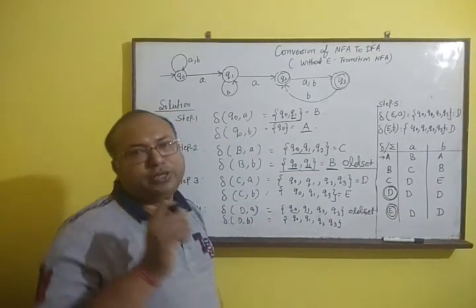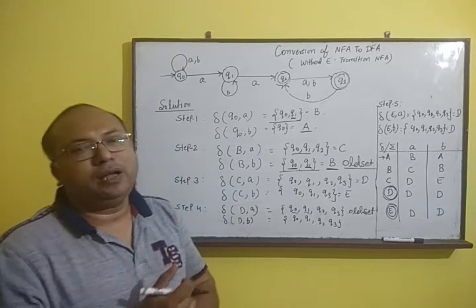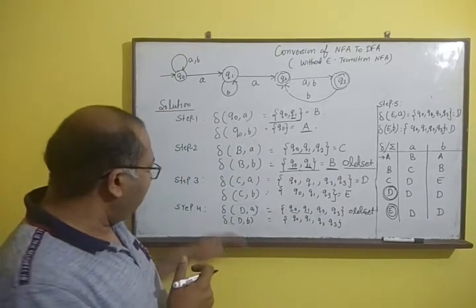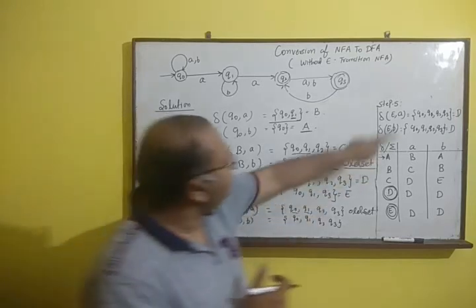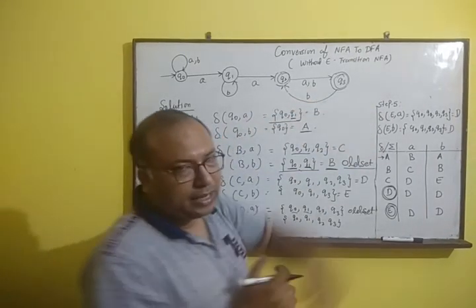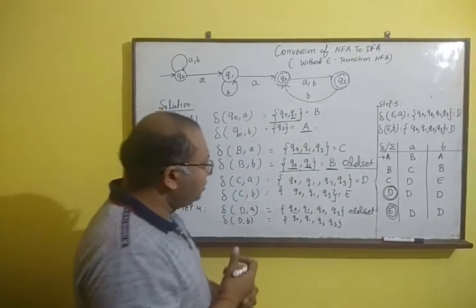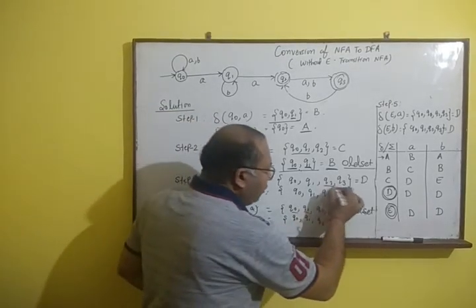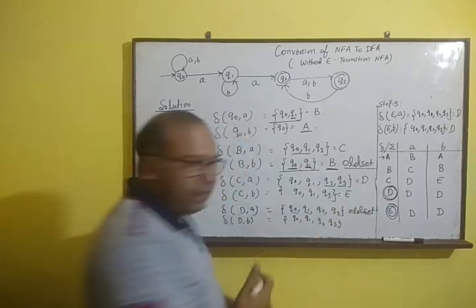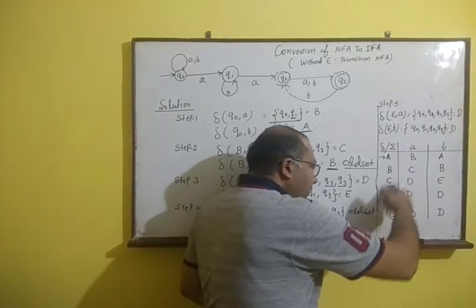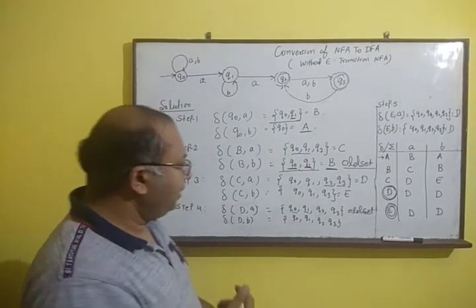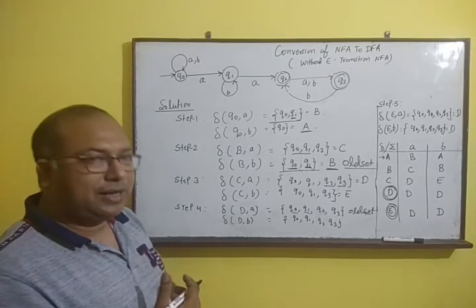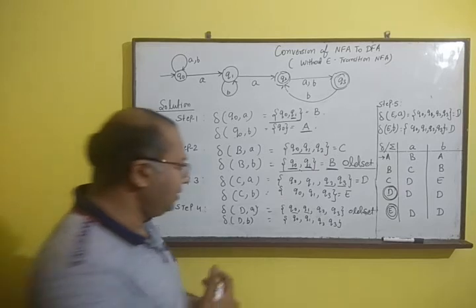Now the important question is how we need to identify the final states in this transition table. So the final states will be all those sets in which Q2 and Q3 are coming. Just look here, Q2 and Q3 are coming in the set D. So we will consider this D as a final state. If they are coming in any other set also, then we will consider that set also a final state.